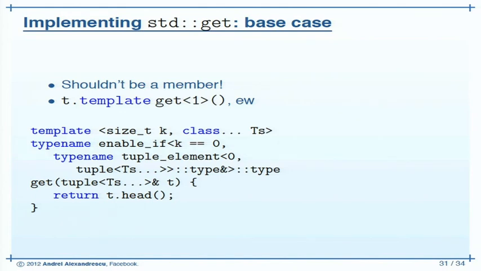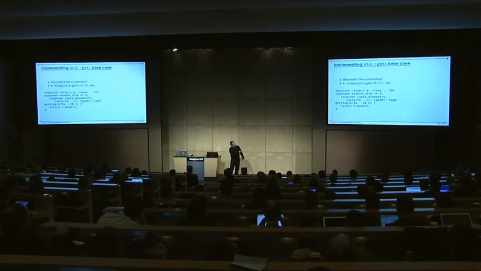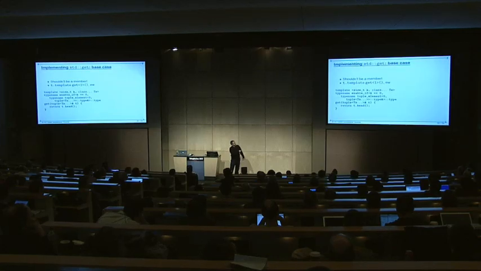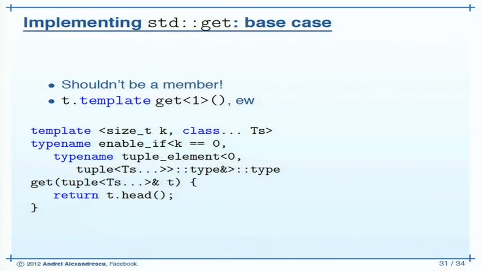By the way, the reason this .template came about is because of a very old issue with C++, this less than sign here. You see the laser? Is the laser visible? So, get less than 1 here. If it weren't for template, there would be t.get<1>(), which is a bizarre construct.